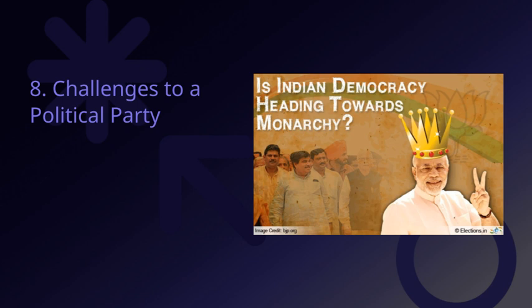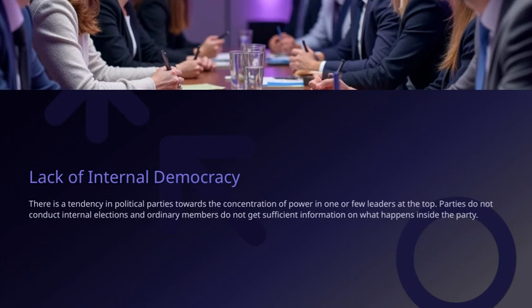Overall, understanding these challenges helps us see how political parties must constantly evolve and adapt to succeed in the complex world of politics. There is a noticeable trend in many political parties where power tends to become concentrated in the hands of just one or a few leaders at the top. This often means that these leaders hold most of the decision-making authority, leaving little room for broader participation.